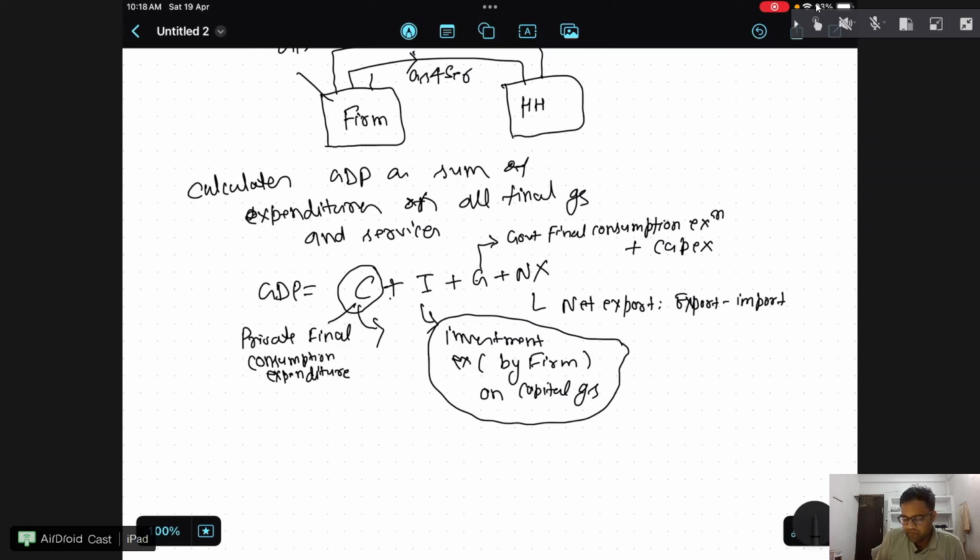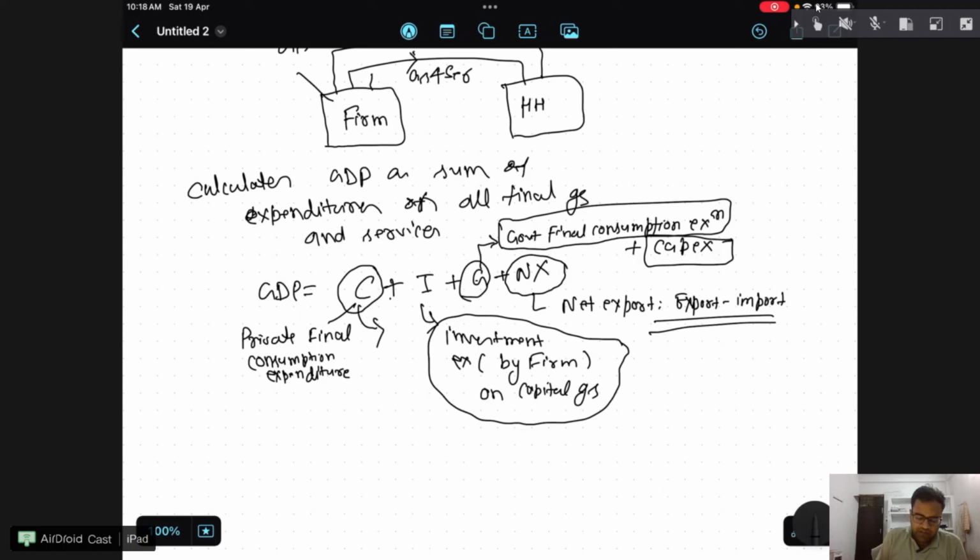So in the third term, we add both the consumption expenditure and the capital expenditure made by the government. And in the last, fourth term, we use net exports, that is exports minus imports, because there are many goods which we export from our domestic territory to foreign territory, and many which we receive. When we calculate net exports minus imports and add all four terms, we get to know the GDP of any country.